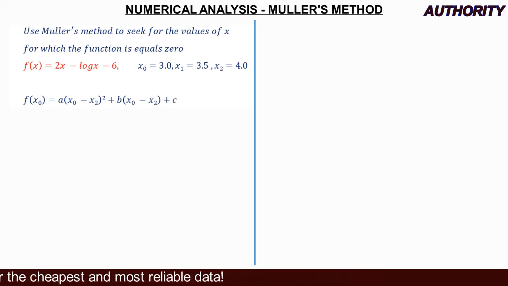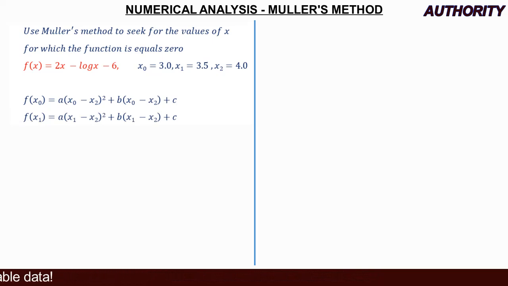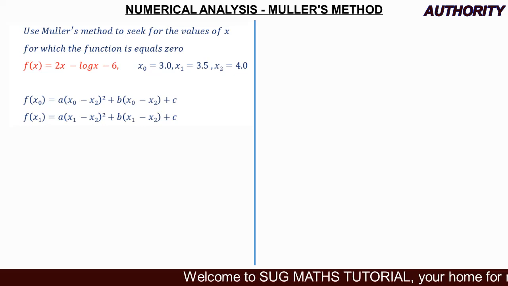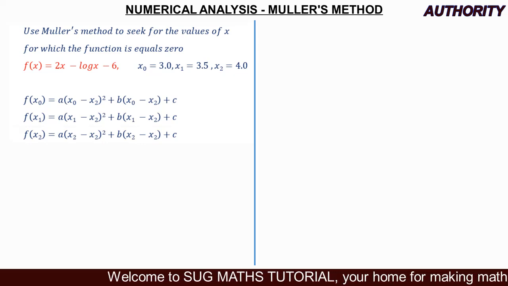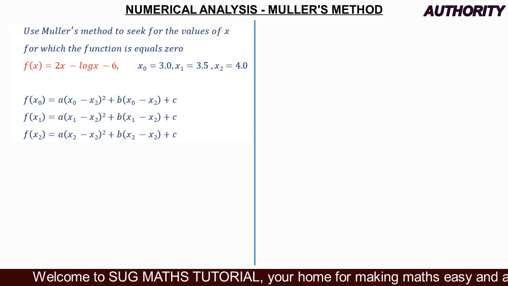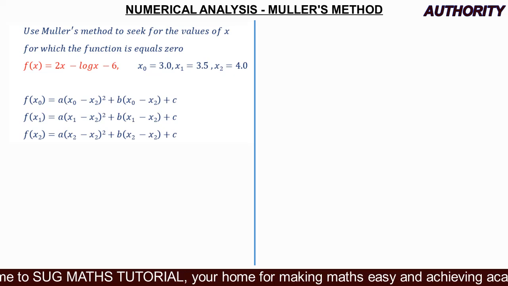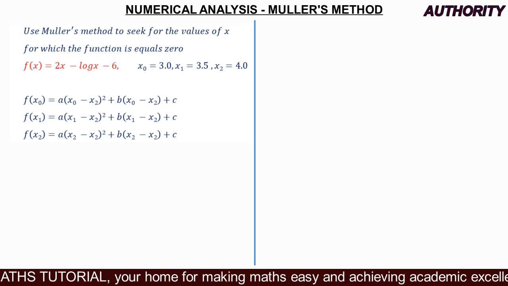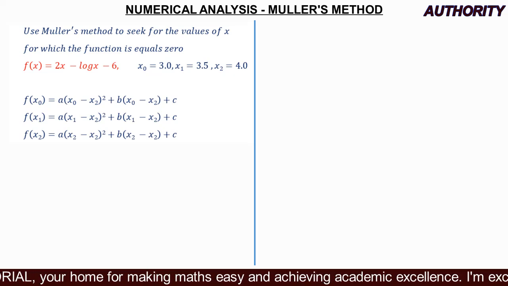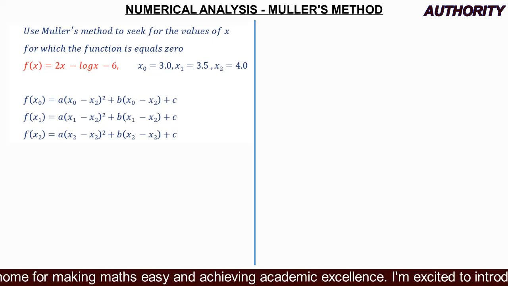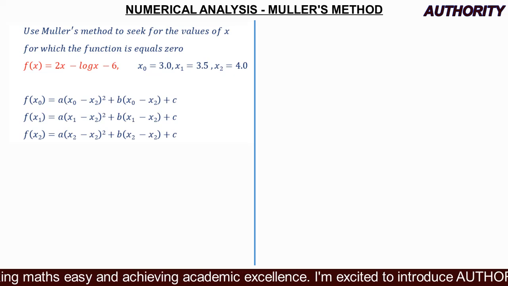Then the next one we have f of x1 is going to give you a open bracket x1 minus x2 in bracket squared plus b open bracket x1 minus x2 in bracket plus c. Then the next one we have f of x2 is equal to a open bracket x2 minus x2 in bracket squared plus b open bracket x2 minus x2 in bracket plus c.